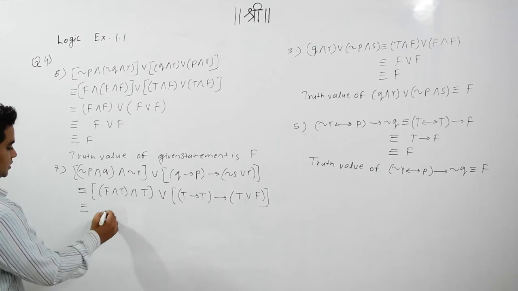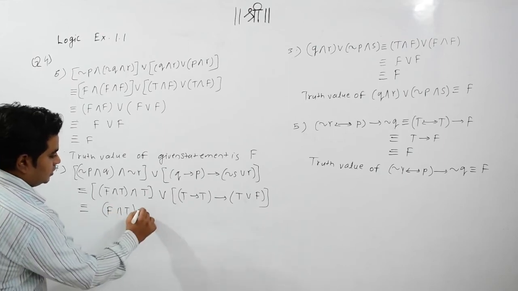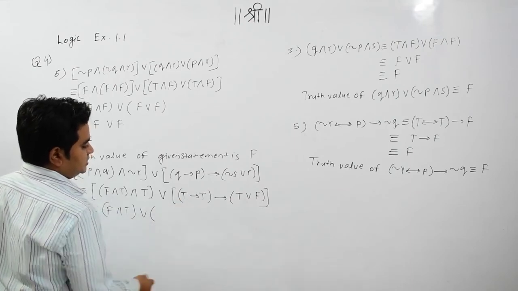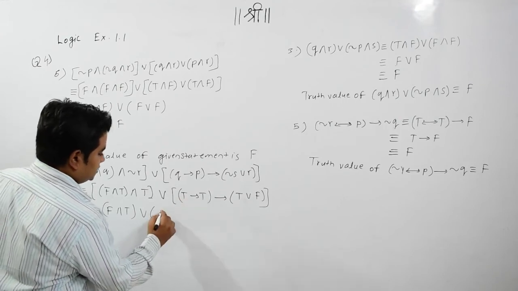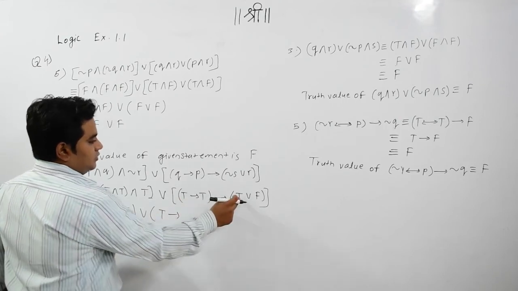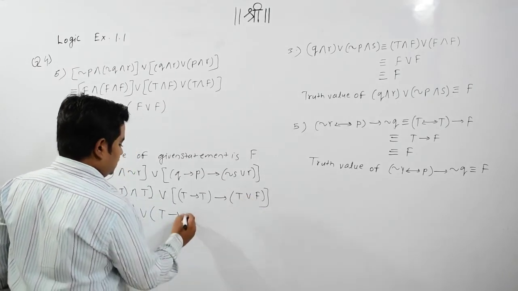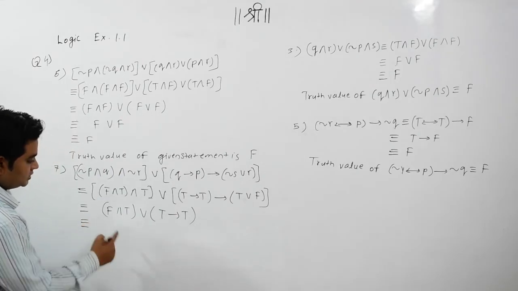So 0 into 1, 0 and T, or T implies T. T implies T means what? If you study, you will pass. Yes, it is true. So 1 plus 0 is 1.